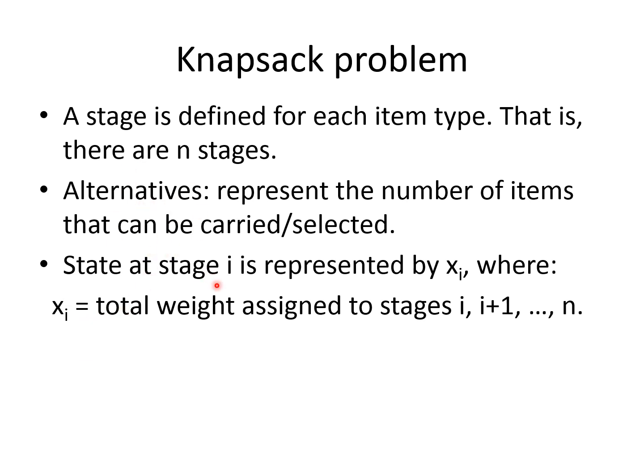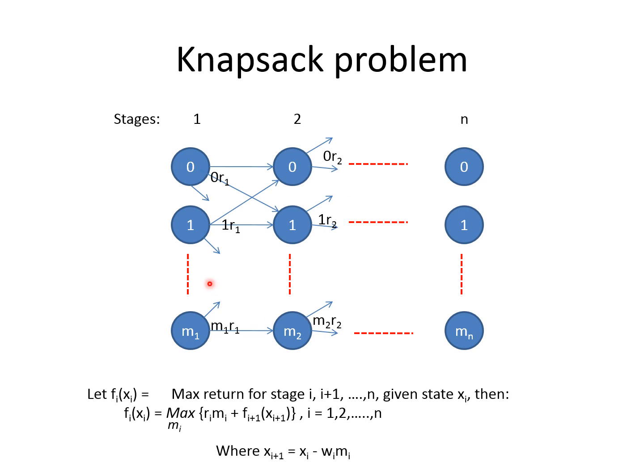And finally, the alternatives for this particular problem represent the number of items that can be carried. So these are actually the decisions to be made. Here's a graph representation of the knapsack problem, and it's saying that you could be carrying 0 items from stage 1, meaning nothing of item type 1, and then if you select one item from type 1, you go this way, or if you select several items, you go that way, and so on.